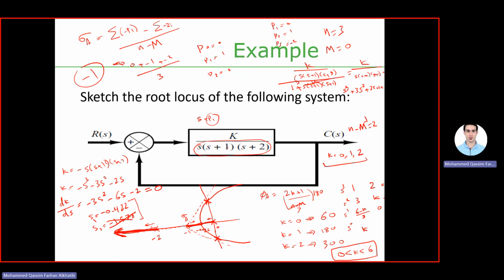When you have the value of K equal to 0, marginally stable. If it's less, not stable. Larger, stable, but at 0 exactly, marginally stable. Same thing at 6. Larger than 6, not stable. Now we need to substitute.